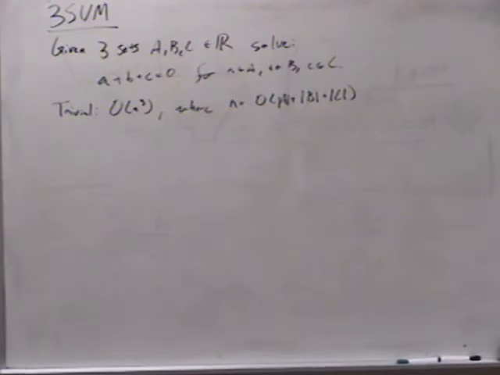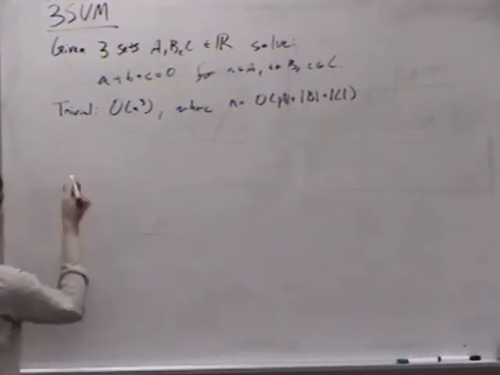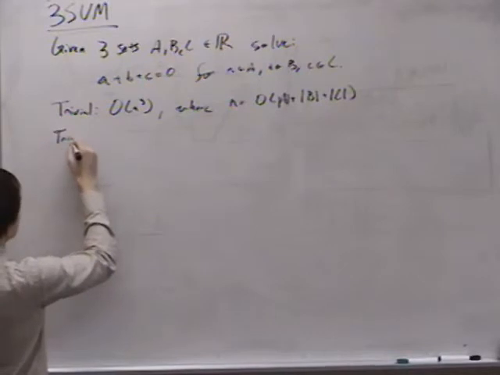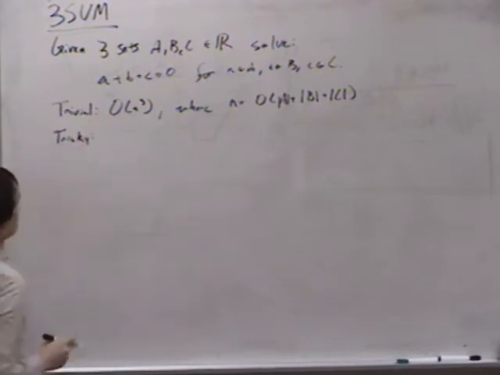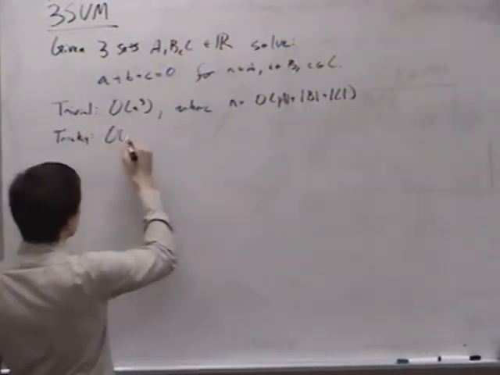There's a slightly tricky algorithm. It's maybe not that tricky, right? But it's a slightly better algorithm, which will get it in order n squared.